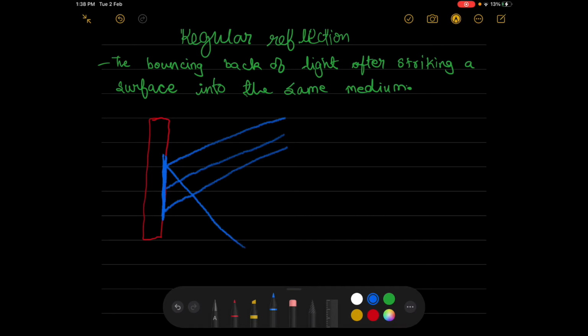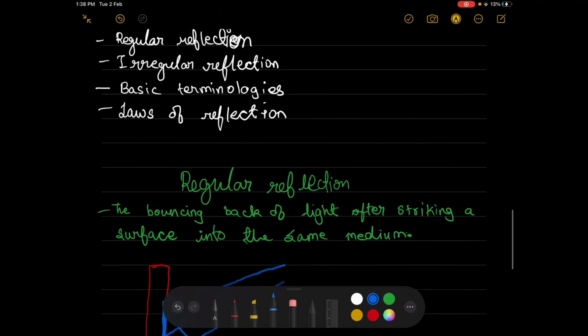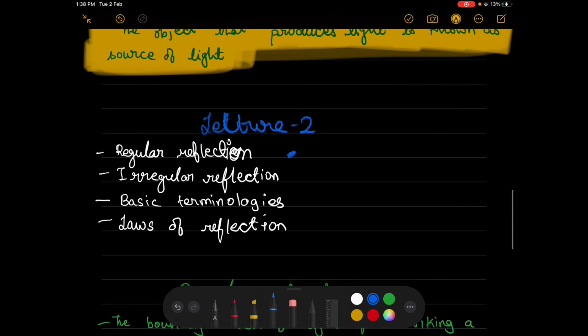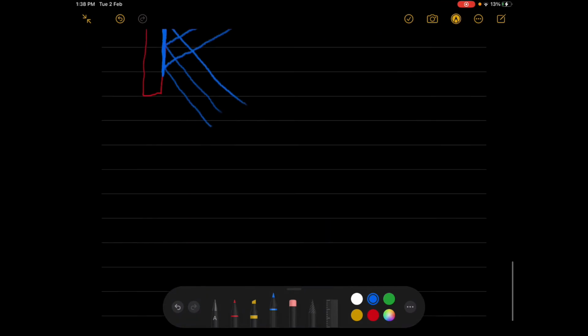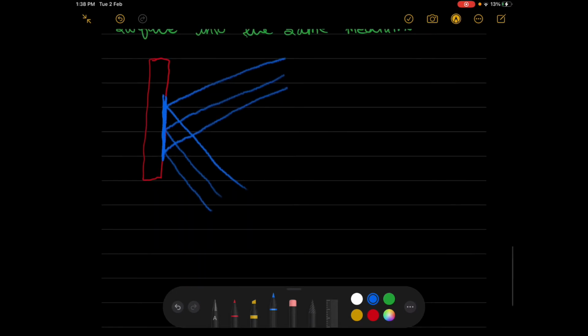So this one bounces off like this, and this one like this. Now you might be thinking, are the bounced rays also parallel? Yes, they are, and I would be explaining it to you further in regular reflection and in laws of reflection as well. Okay, so now they have bounced back.